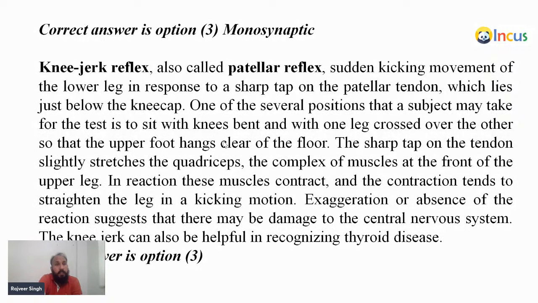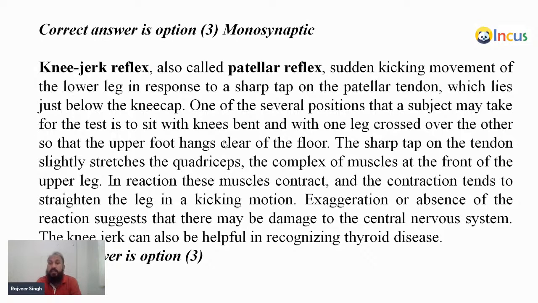Because the knee-jerk reflex, also called the patellar reflex, is a sudden kicking movement of the lower leg in response to a sharp tap on the patellar tendon, which lies just below the kneecap. One of the several positions that a subject may take for the test is to sit with knees bent and with one leg crossed over the other so that the upper foot hangs clear of the floor.